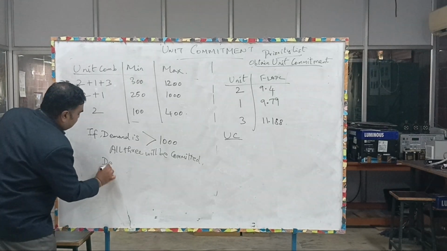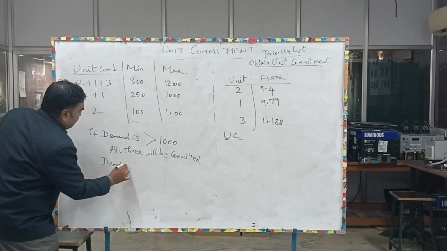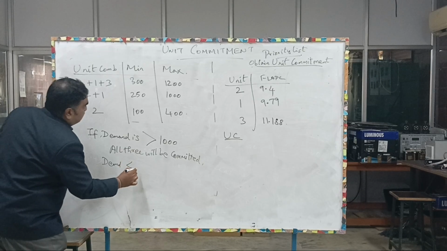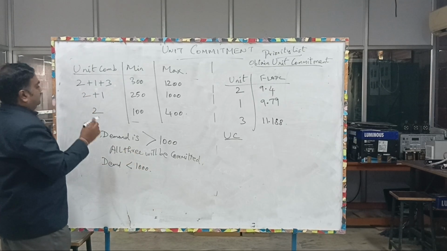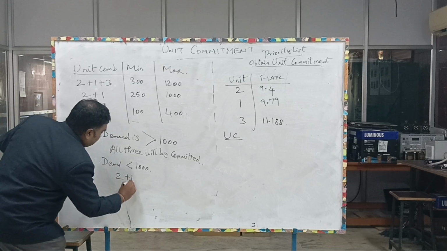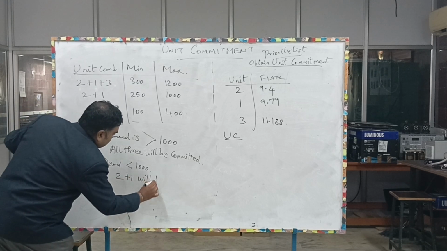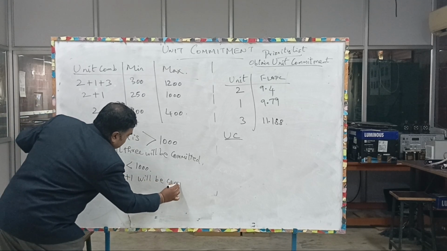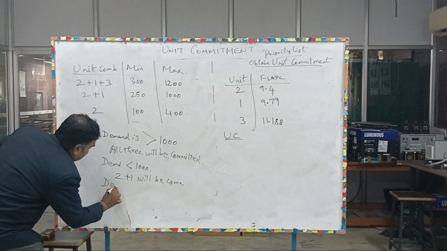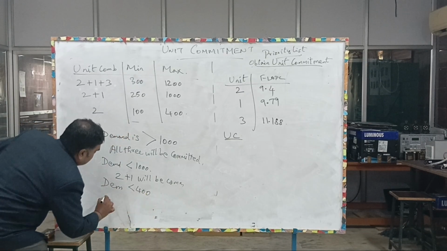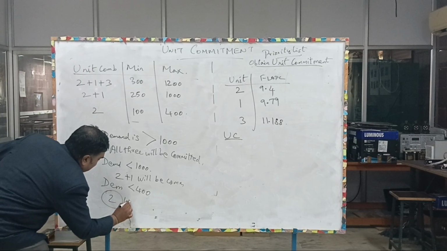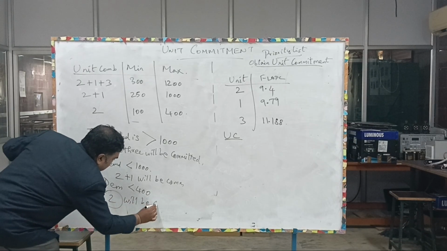If the demand falls below 1000, 2 and 1 will be committed. If the demand is less than 400, only 2 will be committed.